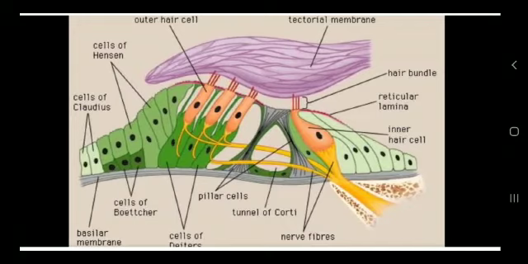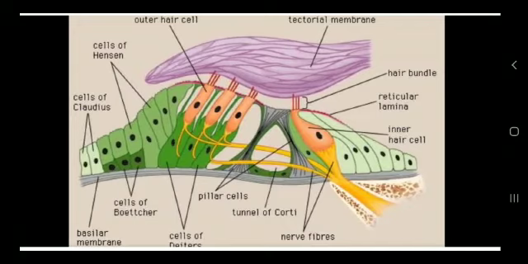The main important cells present here are the hair cells. You can see in the diagram the inner hair cells and the outer hair cells. These are the receptors that transduce sound energy into electrical energy. The inner hair cells form a single row of cells internal to the inner rod.